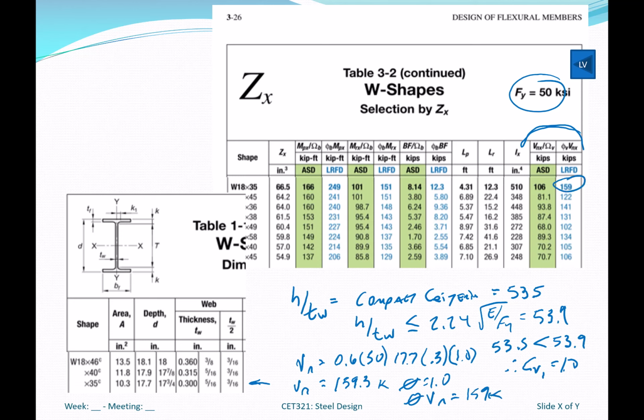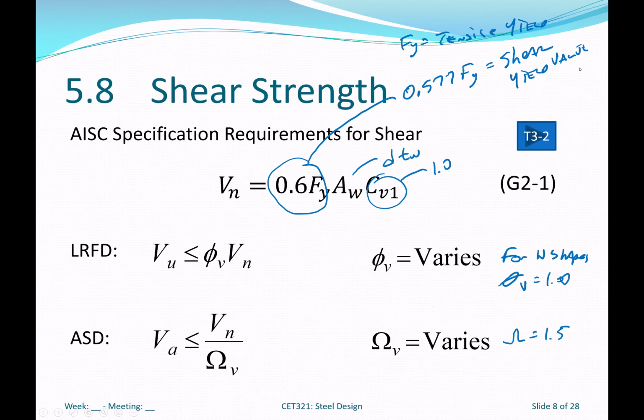That's what you see here. If we take 159 and divide by 1.5, we get 106. So not too bad compared to where we've been.